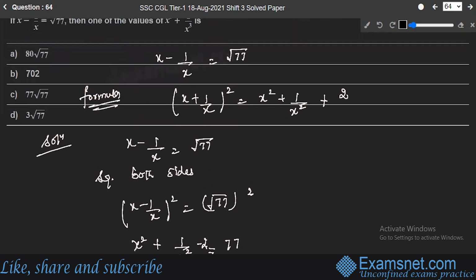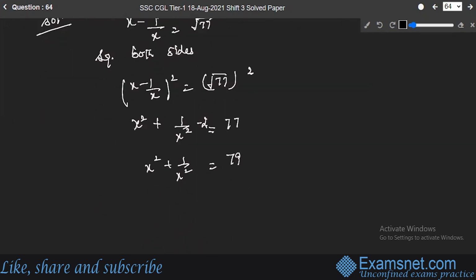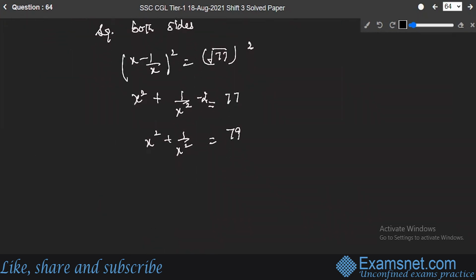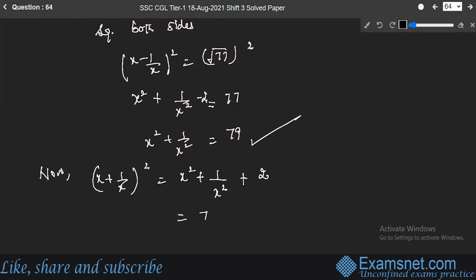Right. What do you have to find out in the question? You have to find the cube of it. Now, (x plus 1 upon x) whole square is equal to x square plus 1 upon x square plus 2. I'll fill in this value, x square plus 1 upon x square is equal to 79, over here.